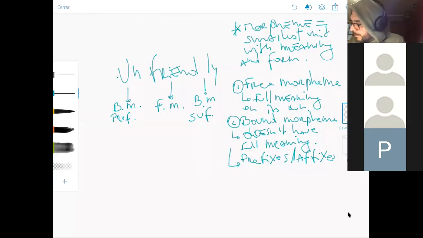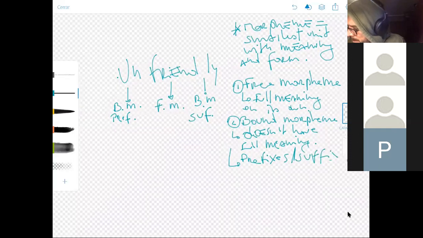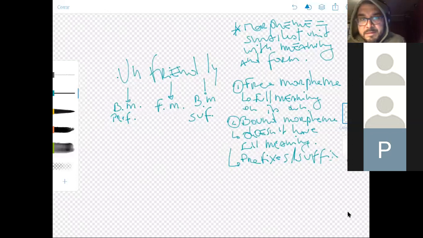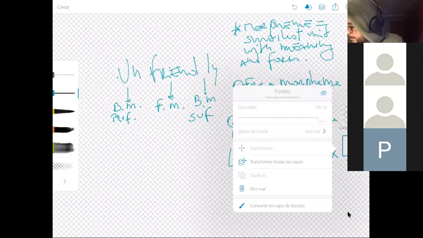Suffixes. Ah, perdón. Déjame arreglar esto.